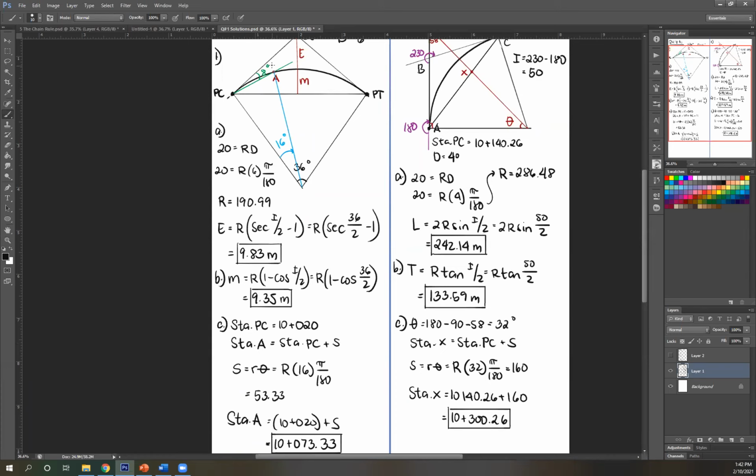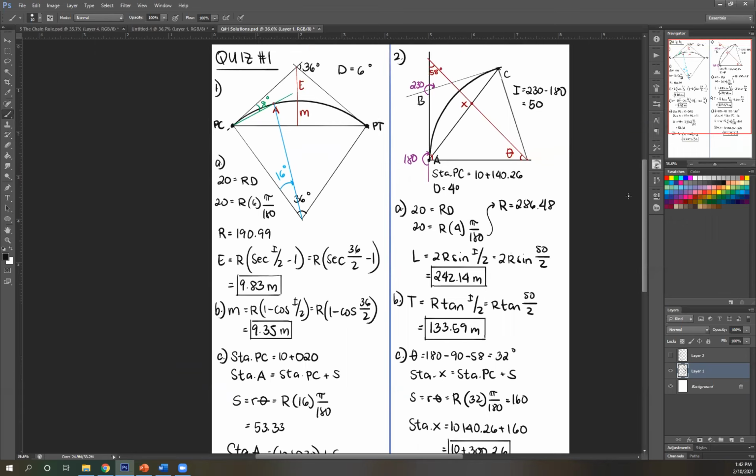S equals R theta, considering this segment. R is your radius, and they're equal, so R is still 190.99. Now what's theta? Remember, for a simple curve, your deflection angle is equal to half your central angle. It's what you've been doing during your field works, right?